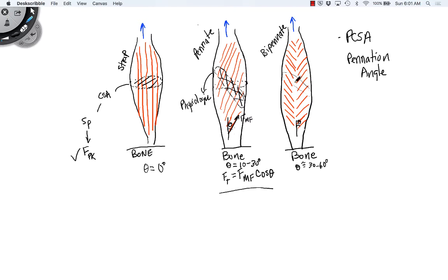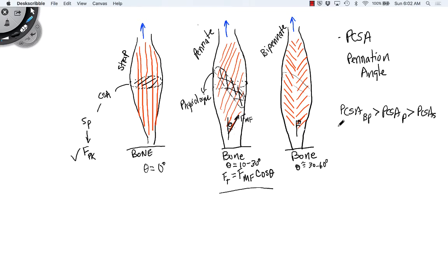And so in this particular case, the strategy is to use the pennation angles and the multipennate arrangement to create a lot of muscle fibers in parallel. So the PCSA of this muscle in the bipennate case is going to be larger than the PCSA of a pennate muscle and much larger than the PCSA of a strap muscle.